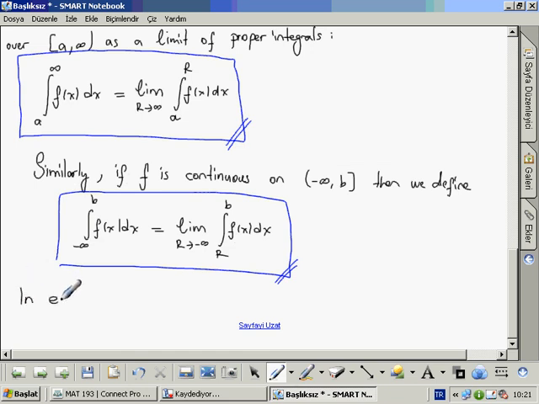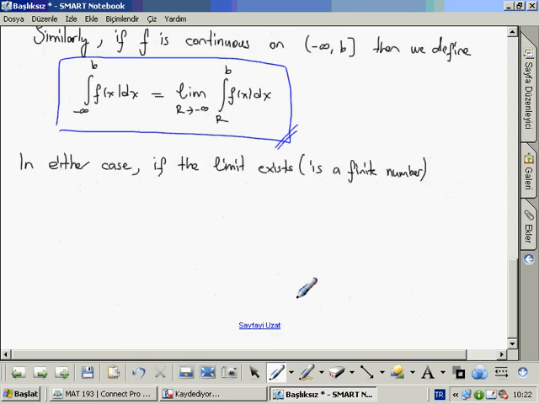And in either case, if the limit exists, that means it is a finite number, of course, we say that the improper integral converges.